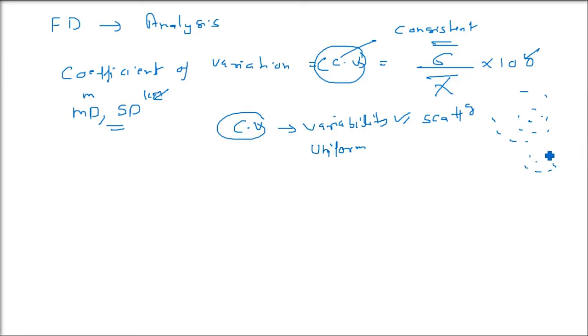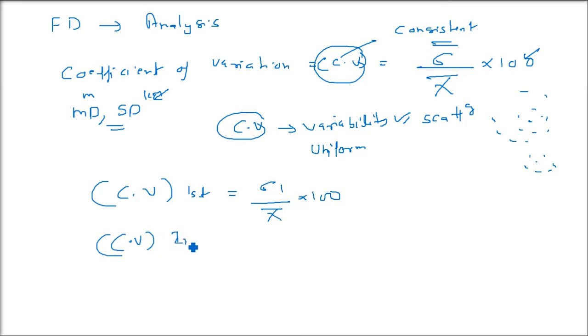So if you want to compare two frequency distributions, how to compare them? As I said, the mean is the same. So the coefficient of variation of the first distribution is sigma 1 by x bar, where the mean is the same for both, into 100.